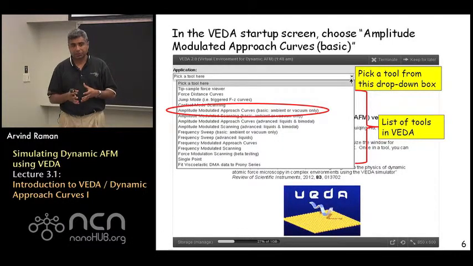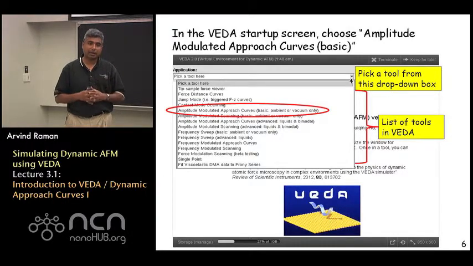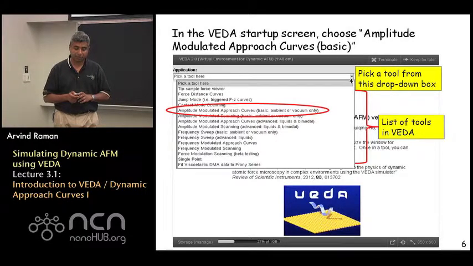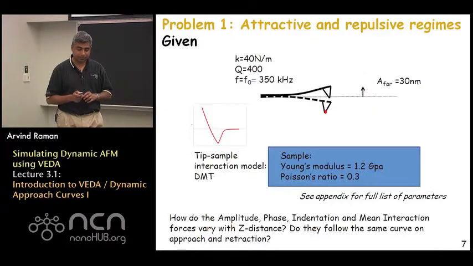The advanced tool is used for when you want to do multi-frequency approaches, you want to do simulations in liquids. There are many additional parameters that need to be adjusted, and so that'll be out of the scope of this particular nanoHUB-U based course. So we're going to go ahead and choose amplitude modulated approach curves, tapping mode approach curves, the basic, which is to be used for ambient or vacuum conditions.